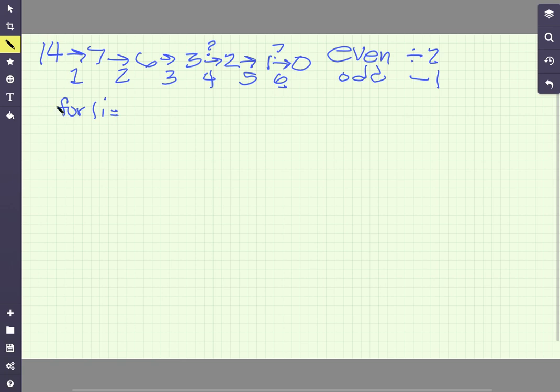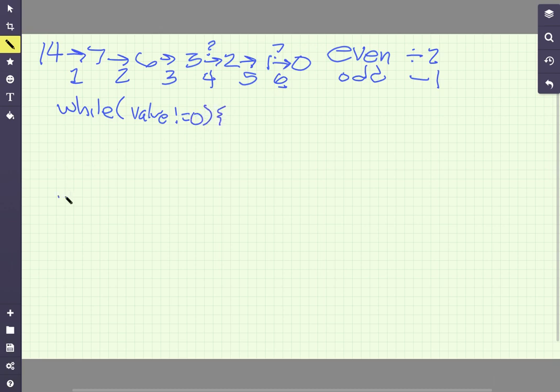It's a while loop, right? Like while the value is not equal to 0.